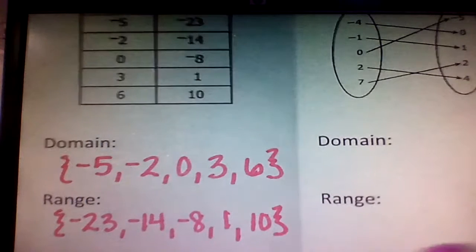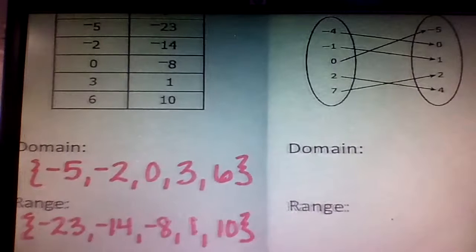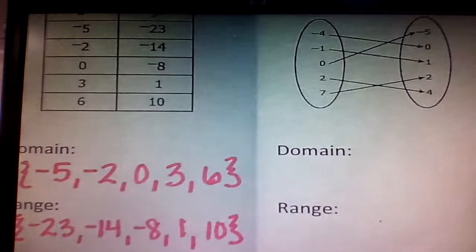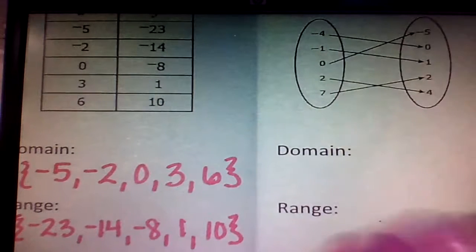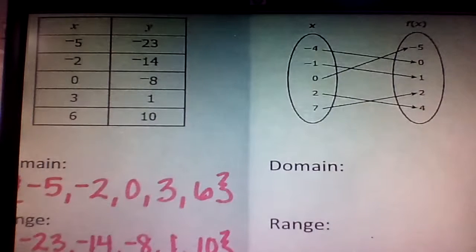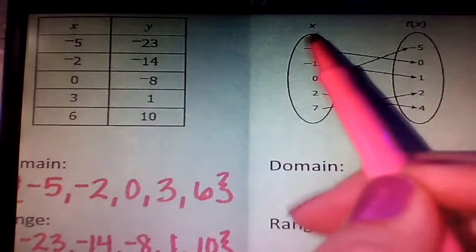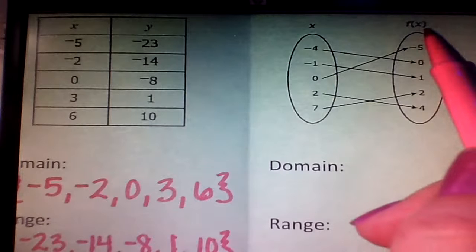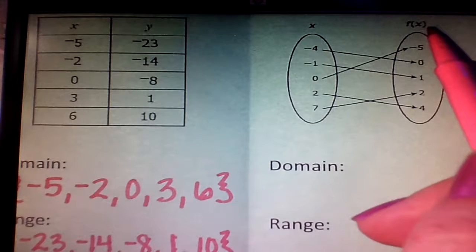Same thing with a mapping diagram. Again, your domain is a list of all of your x's. Which ones are your x's? It's your left. My x's are my left. Oh, they actually labeled it at the top. So x's, and remember, f of x is function notation. So f of x is your y.